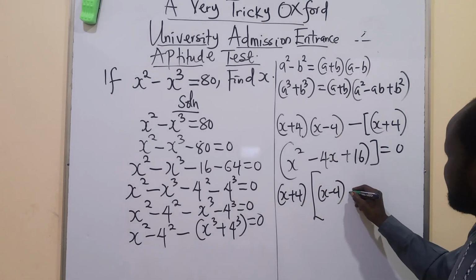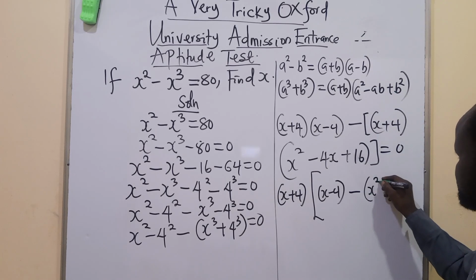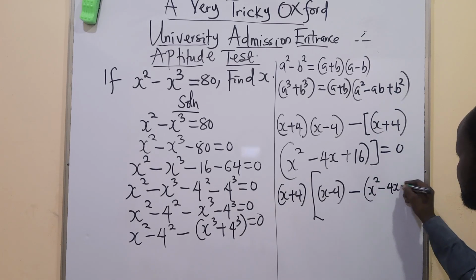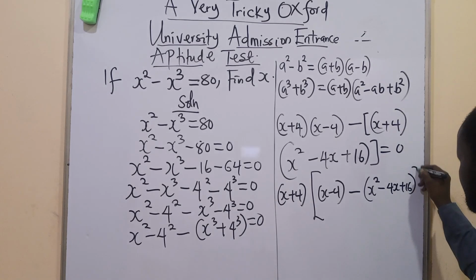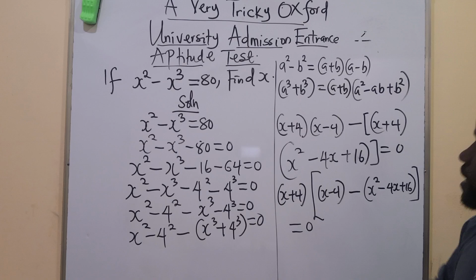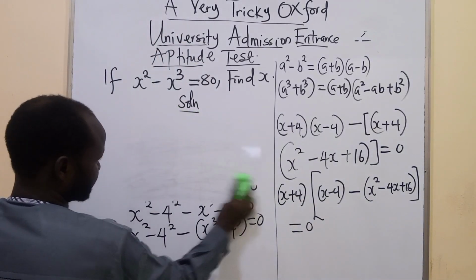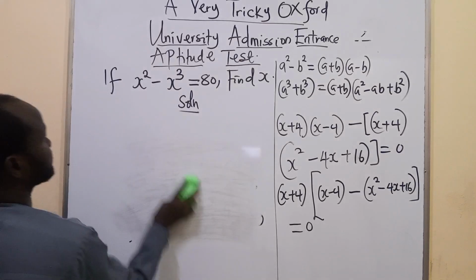Then minus, we factor this out, leaving x squared minus 4x plus 16, which equals 0.